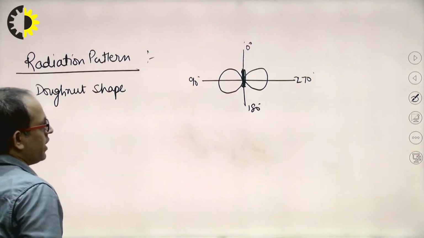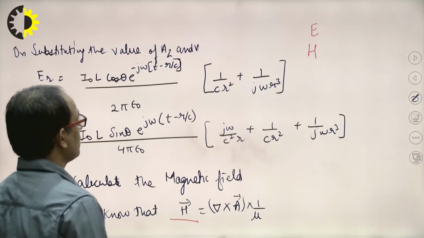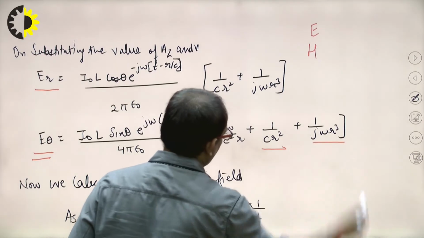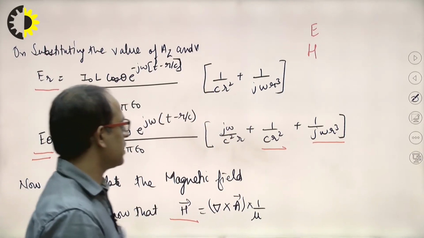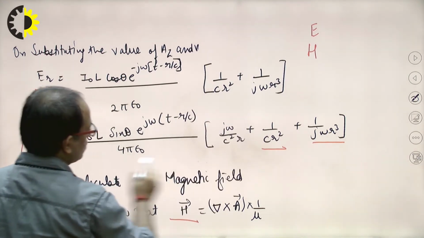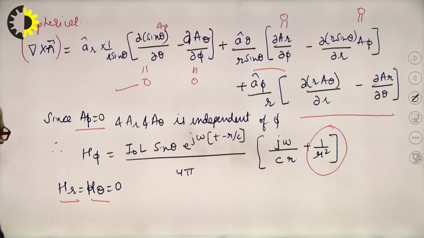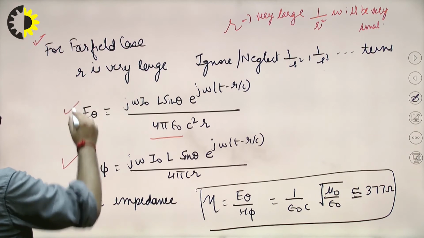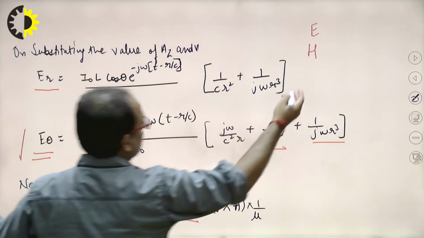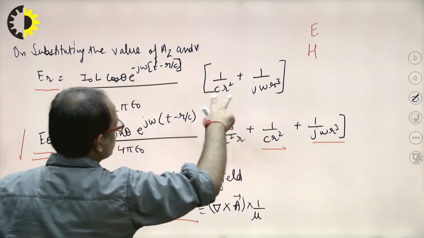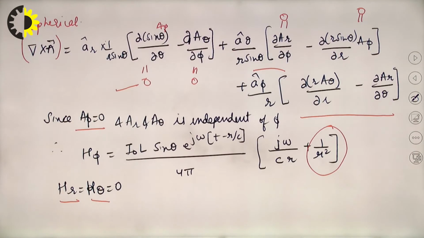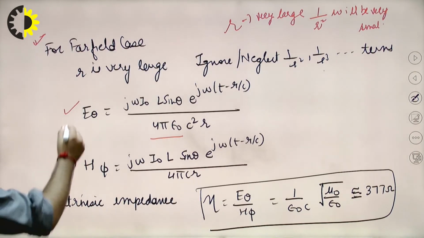For E theta, ignore the higher order terms, 1 by r square and 1 by r cube, and you will get E theta. And E r does not have a 1 by r component, so ignoring 1 by r square and 1 by r cube, E r will be 0. So only E theta and H phi remain.